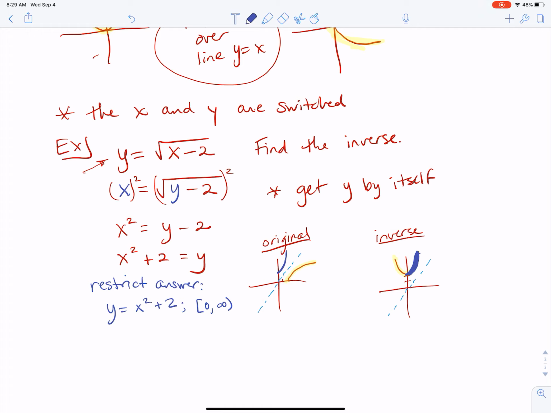Then it's the right shape to match the reflection of the original problem. Now that doesn't always happen, so you don't always have to worry about that. I picked this example to go over because it was weird. That usually only happens when you have a square root graph and then you come out with a parabola. So this is a really weird one.